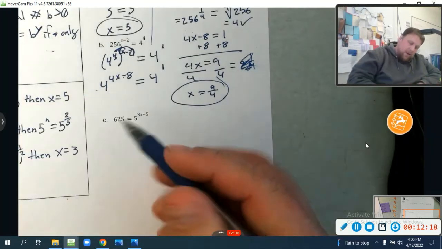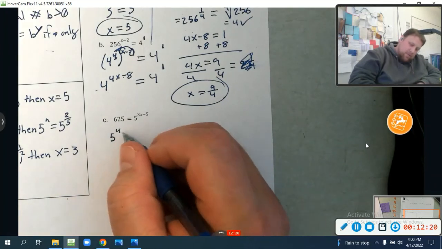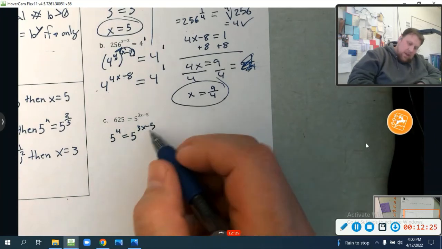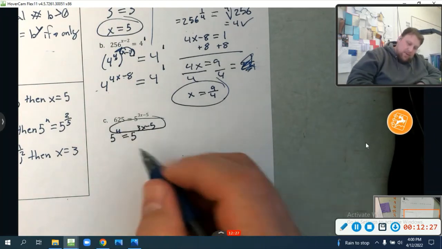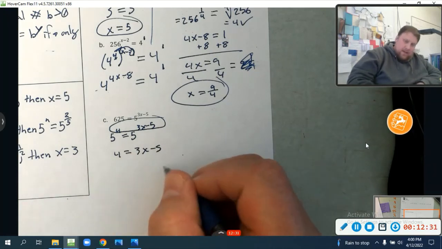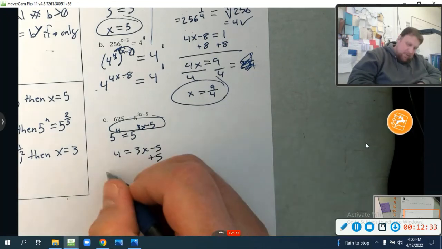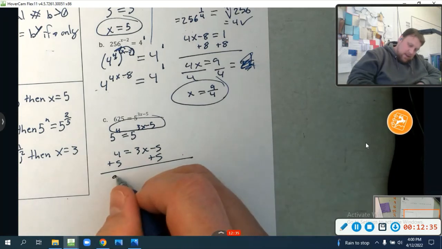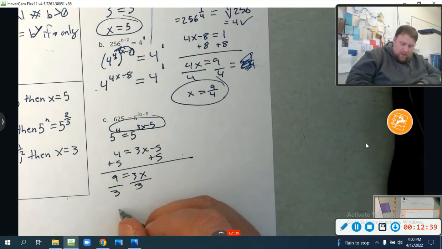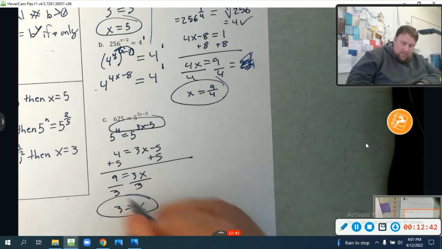So I know 625 is 5 to the 4th power equals 5 to the 3x minus 5, which means now I can set these equal to each other, and I get 4 equals 3x minus 5. Now let's just solve it. Add 5 to both sides. 9 equals 3x, and when we divide by 3, we get that 3 equals x. Boom, we're done. That's it.